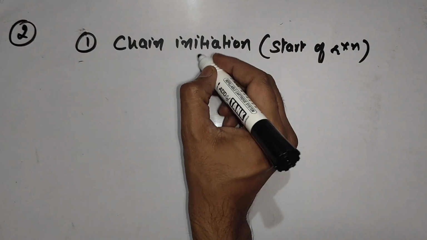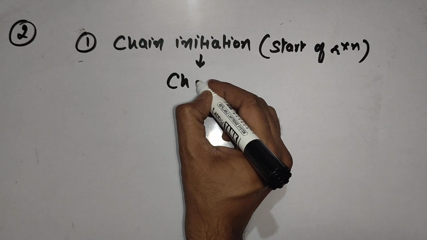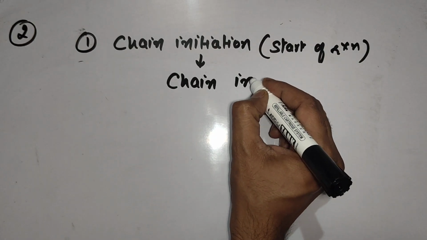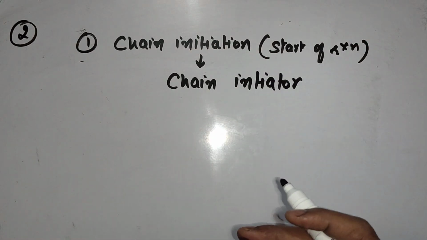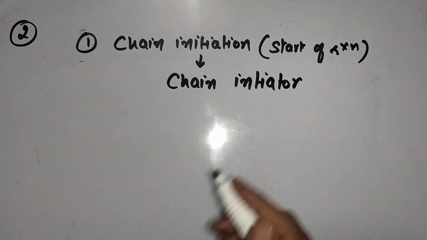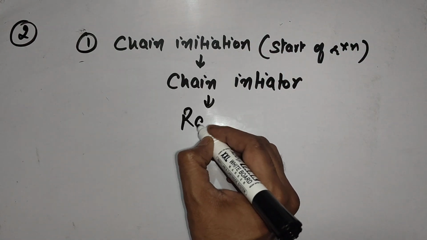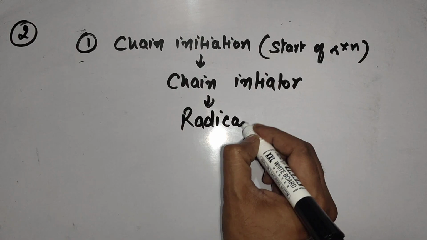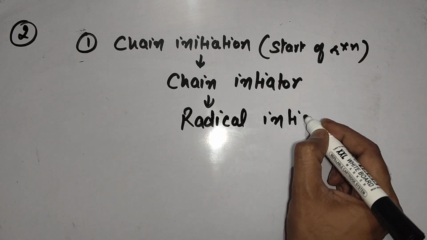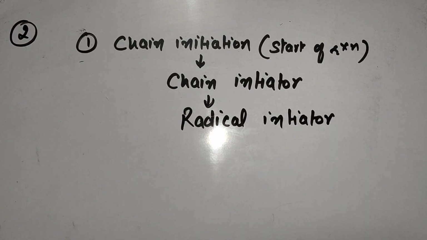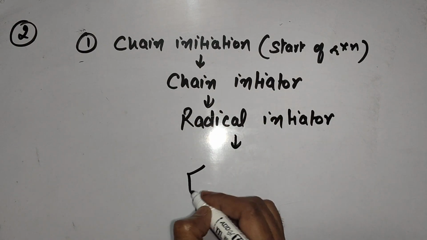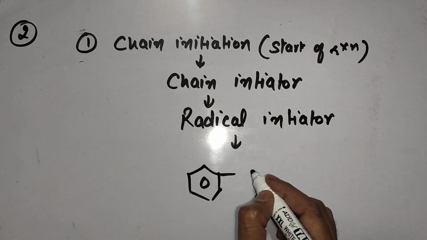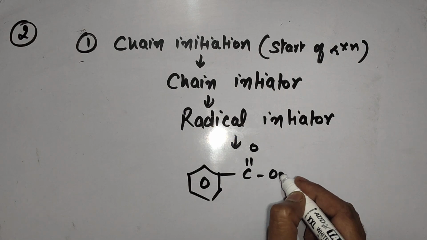For chain initiation, we need a chain initiator who will start the whole free radical process. You can call it a radical initiator also. As the radical initiator in this process, we are going to use benzoyl peroxide. This is the formula.